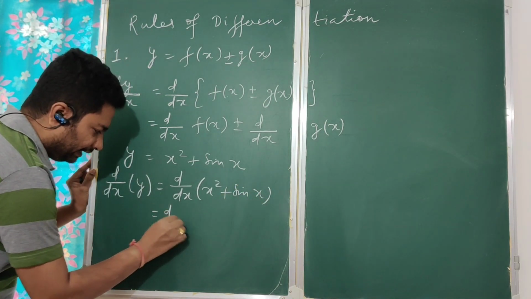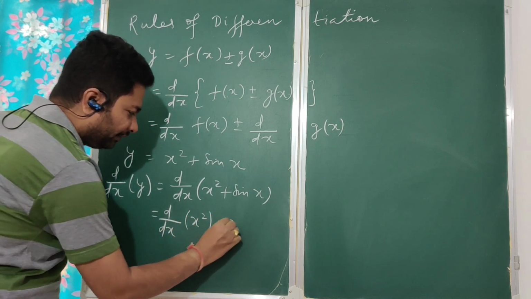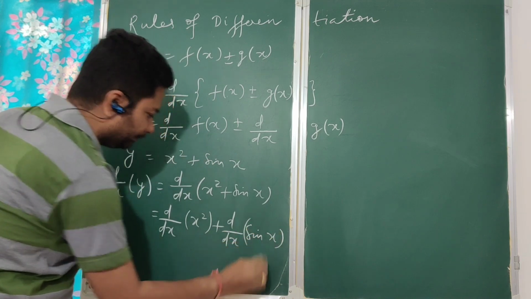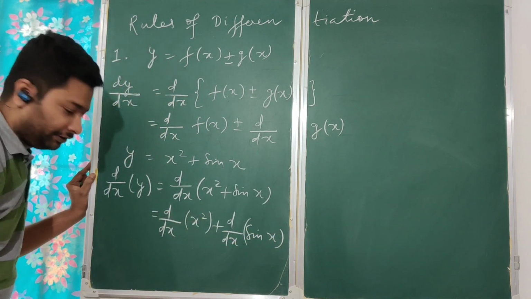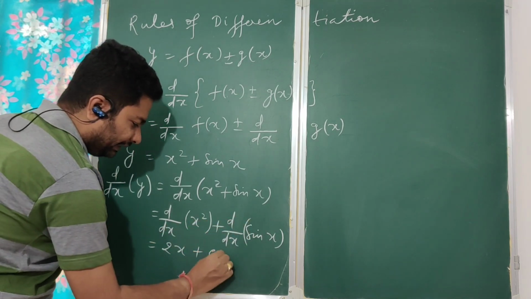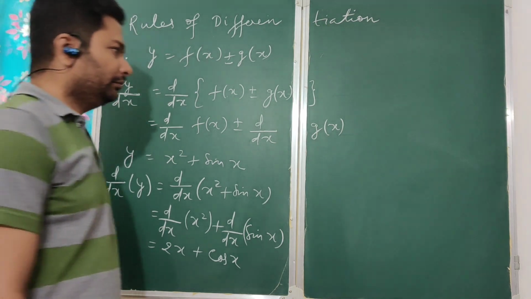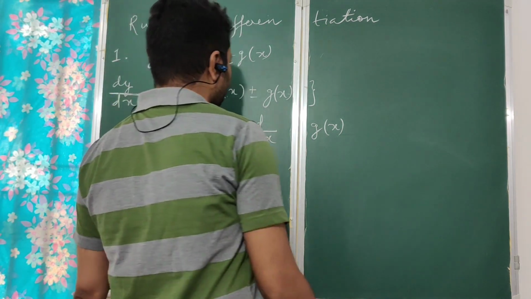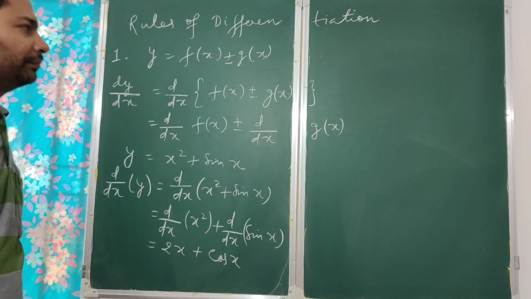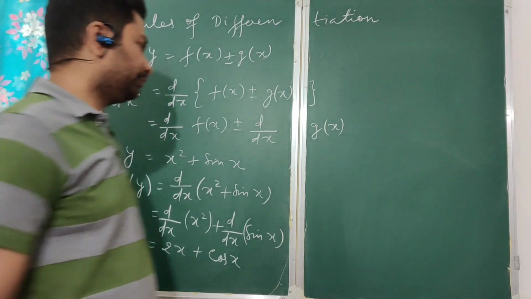So this can be written as d by dx of x square plus d by dx of sin x. What is d by dx of x square? We can write it as 2x plus d by dx of sin x is cos x. So this is something which you follow when two functions are in addition or subtraction with each other.